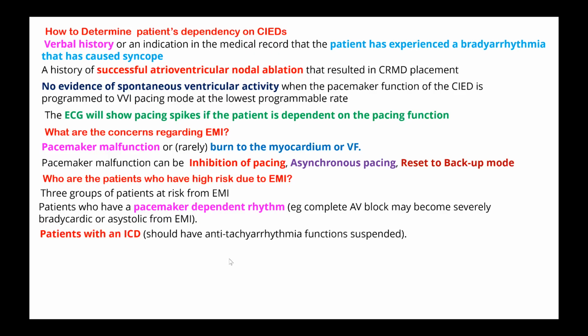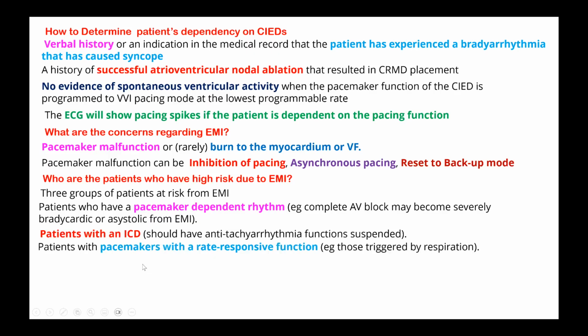The second group is patients with an ICD, that is patients who have been inserted with an anti-arrhythmic programmed machine to prevent VF or VT, going for arrhythmias.